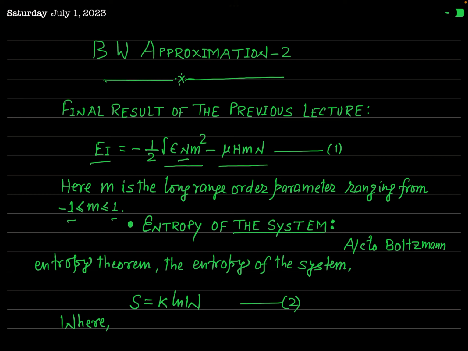From the definition, the Helmholtz free energy is F = E - TS, where S is the entropy. In a step-by-step calculation, we will first calculate the entropy of the system, then find the Helmholtz free energy, and then apply the condition of equilibrium. So first of all, we are going to find the entropy of this very system.